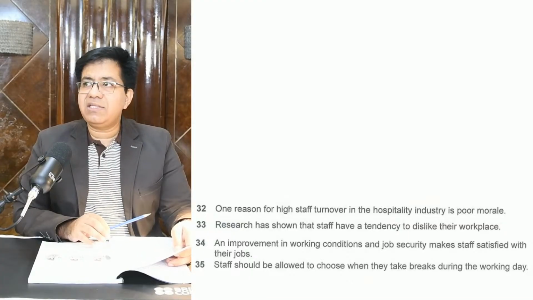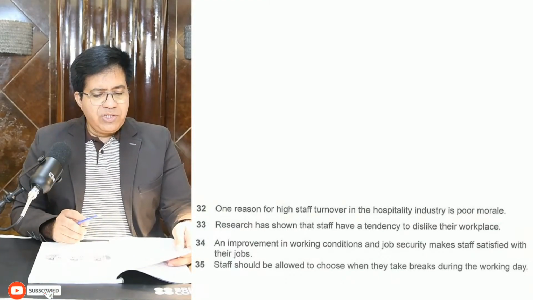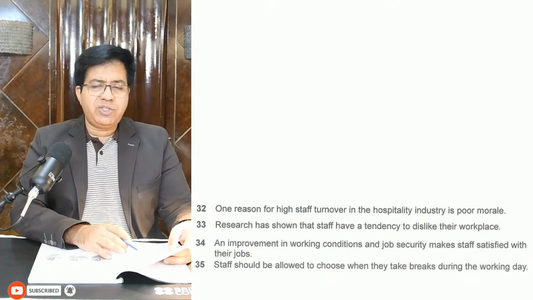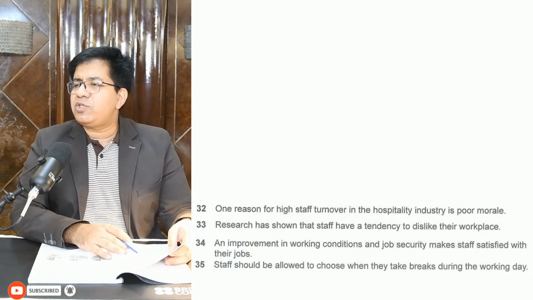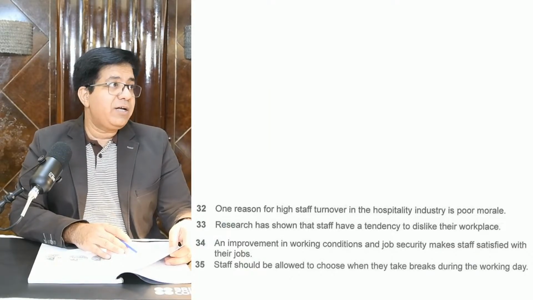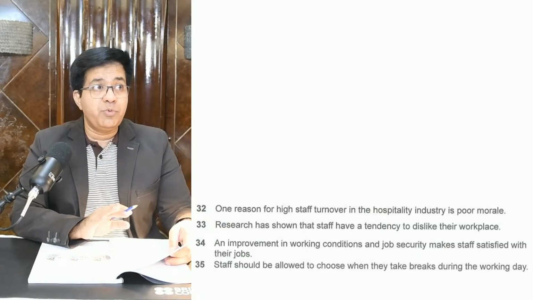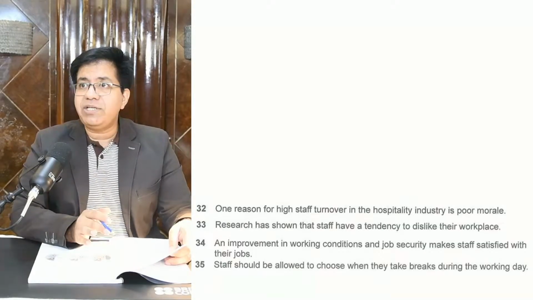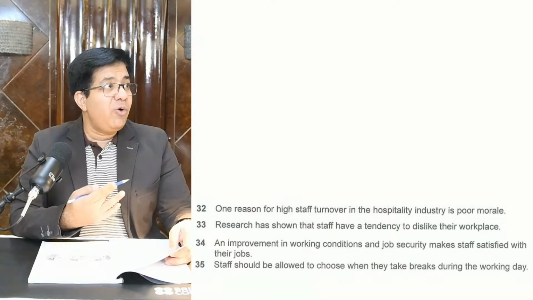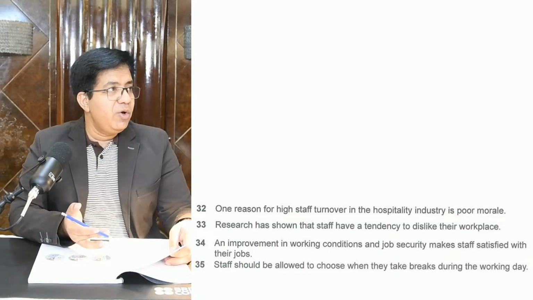Now we found one answer. We know the next one will come after this. Question number 33. Research has shown. Whenever in yes, no, not given, true, false, not given, they say research has shown, it means research has proved. So in the passage, we will see if the research has proved, then it's going to be true or yes. If the research is still going on, results have not been found yet, then answer can be no or false.